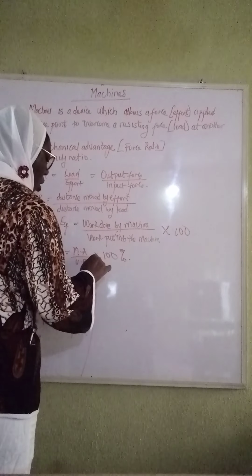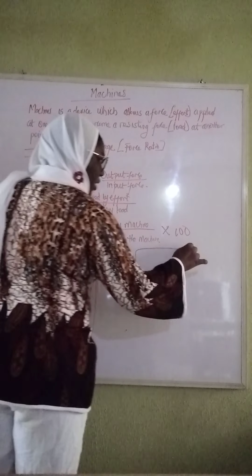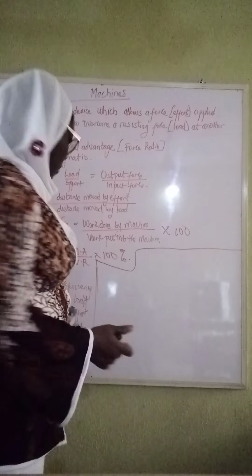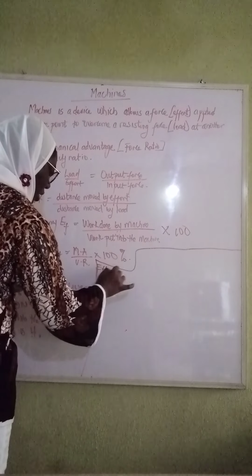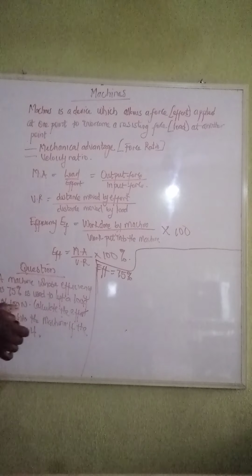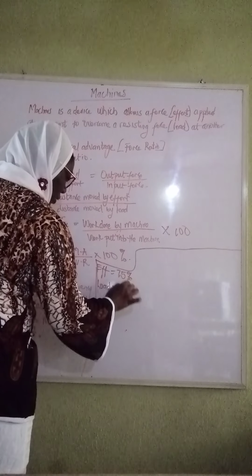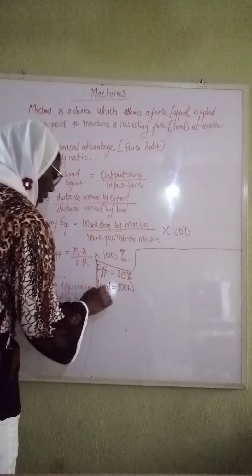First of all, we need to write out the parameters given to us in the question, as this will enable us to know what we are actually calculating. We were given the efficiency, which equals 75%. The load is 100 Newton. We were also given the velocity ratio as 4.